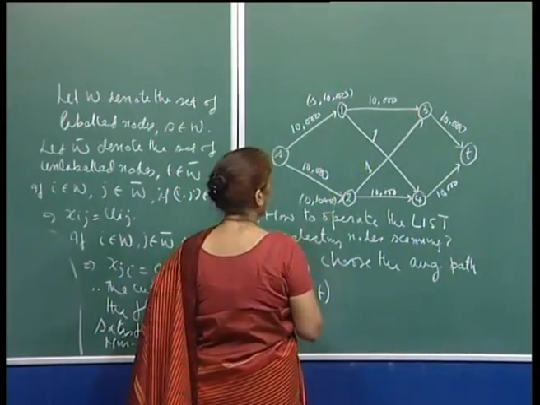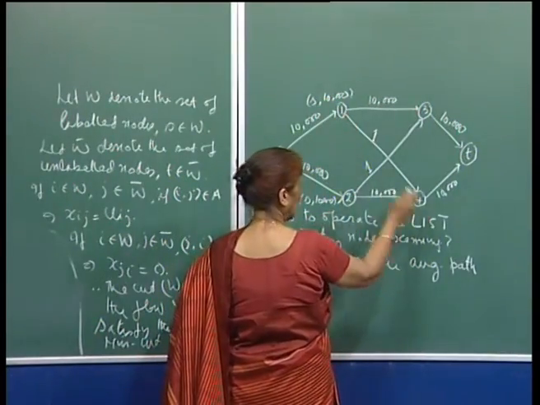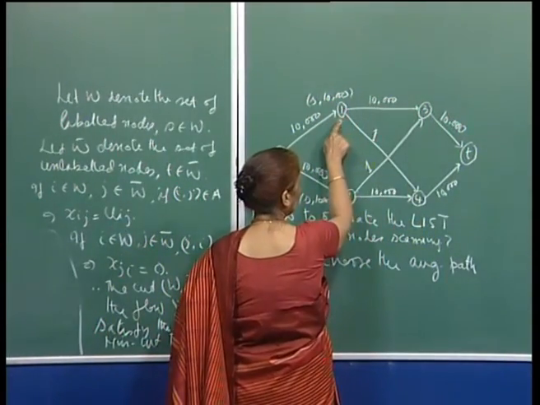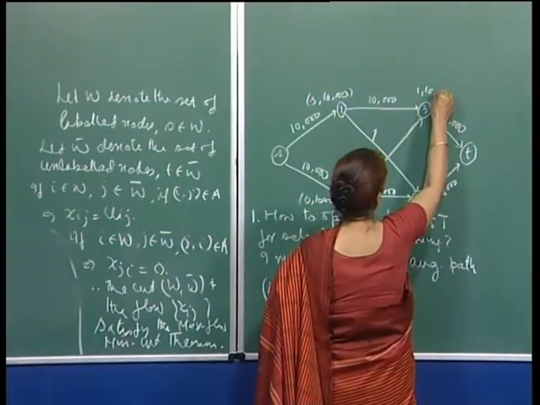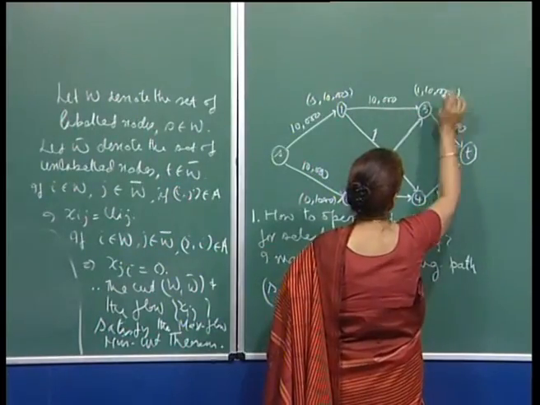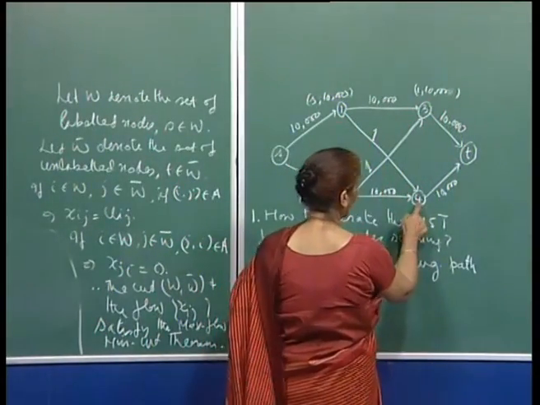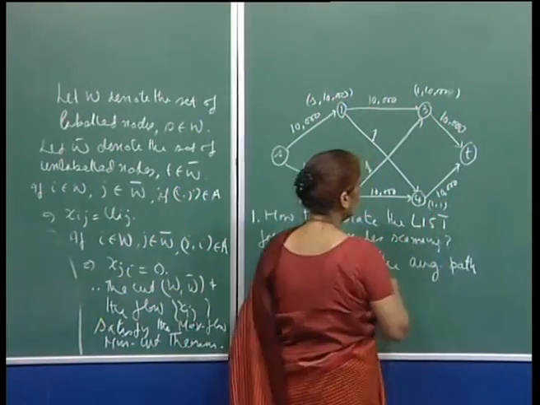Okay. And then I may decide to pick up 1. So both these nodes get added to the list. Then I pick up node 1, and from here I can label this as 1 and 10,000, okay, and I will label 4 as 1 and 1, right?